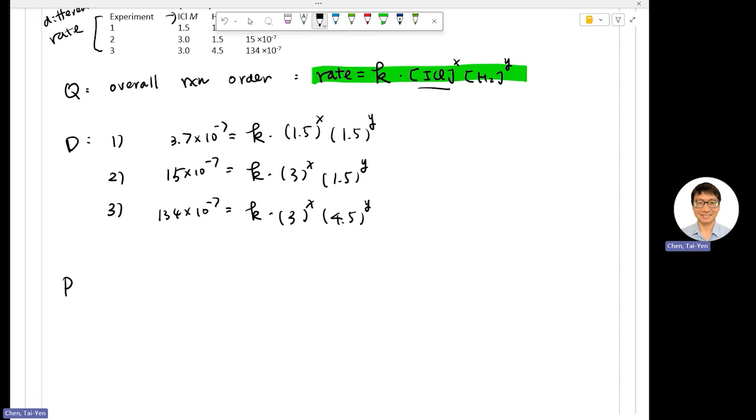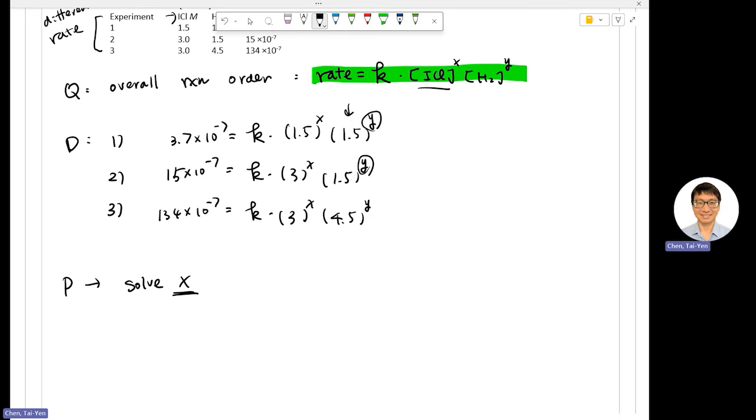So let's say I want to solve my X first, right? To solve your X, what you need to do is choose two equations where the concentration for the species where you can solve your Y are actually the same.